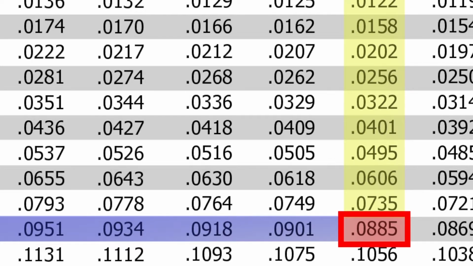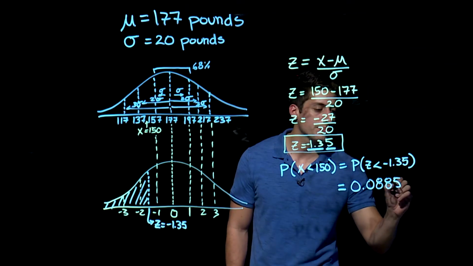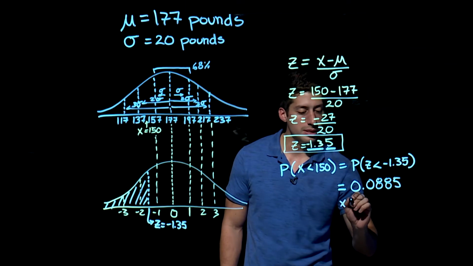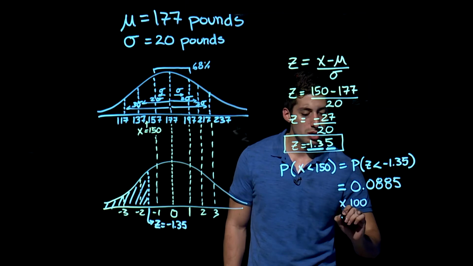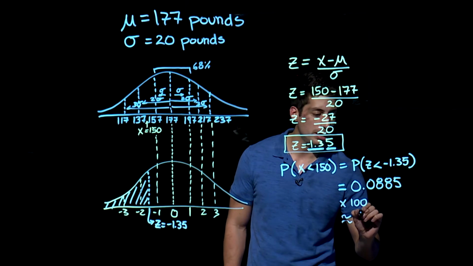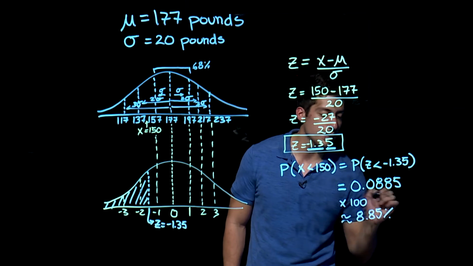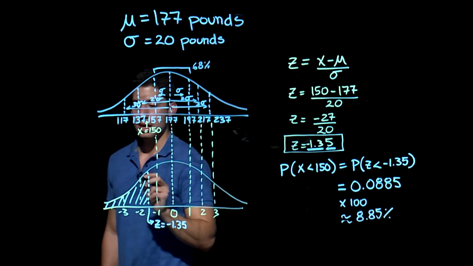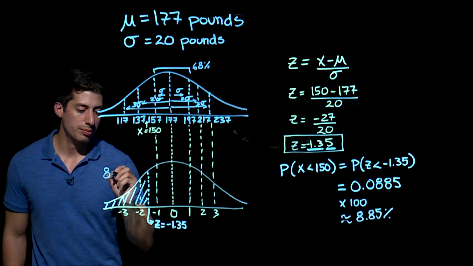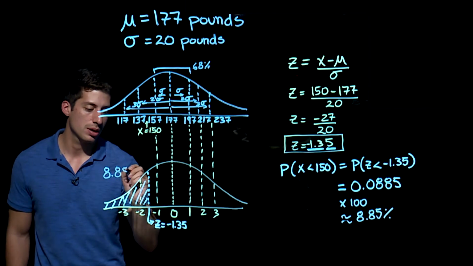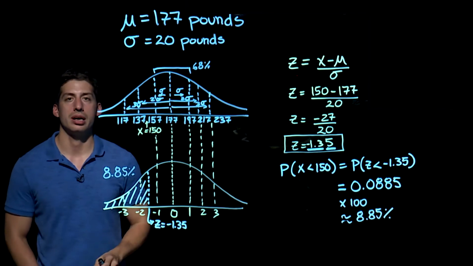You'll find that the probability here is 0.0885. If you multiply this by 100, you'll get a probability of 8.85%. So this means that 8.85% of the population weighs less than 150 pounds.